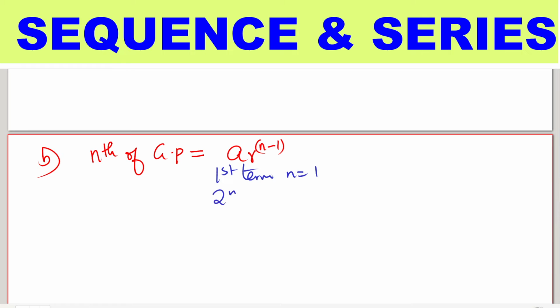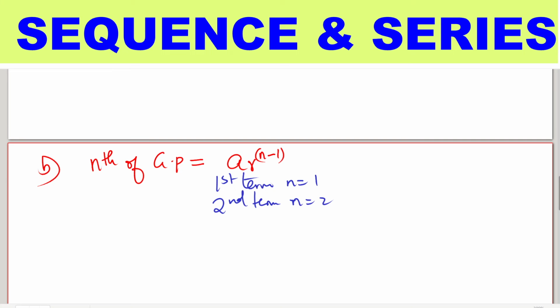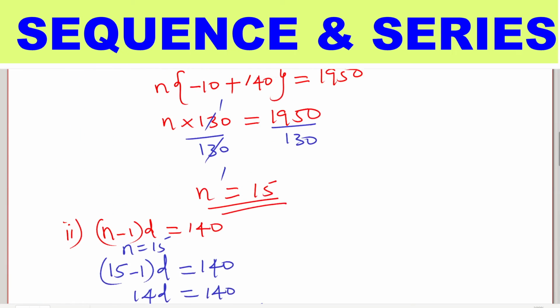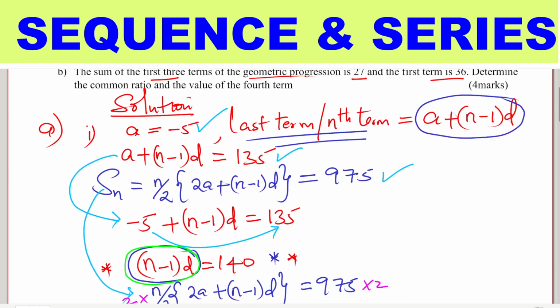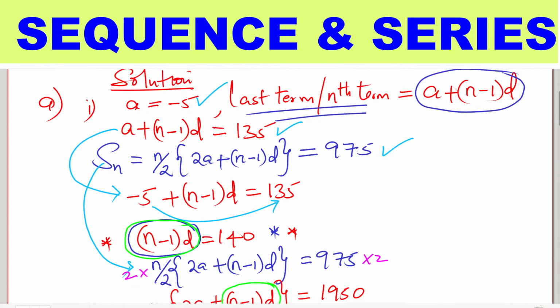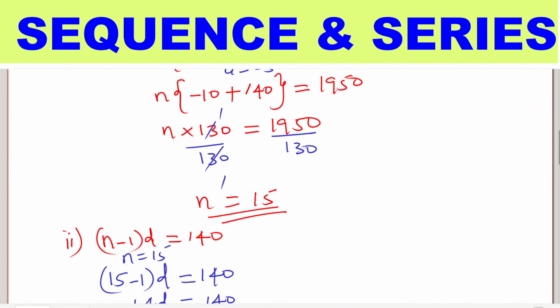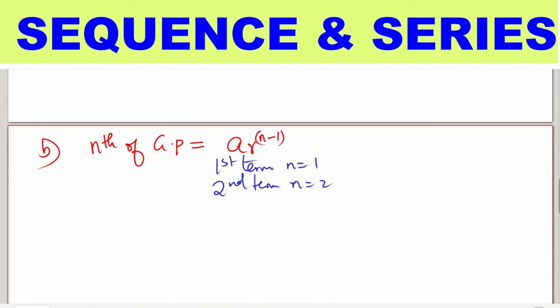The second term, n will be 2. You just substitute there. And since we have the first term given as 36 in this question, it will be easier to work it out. So let us write the first three terms of a GP.